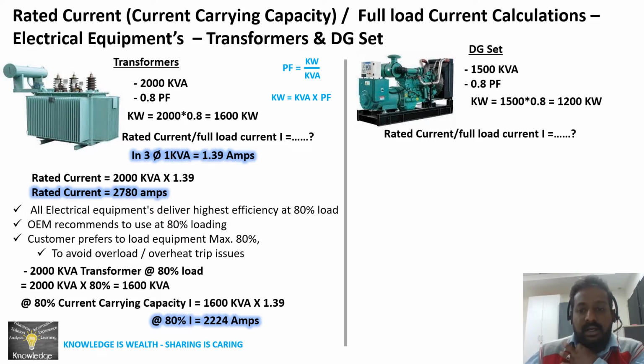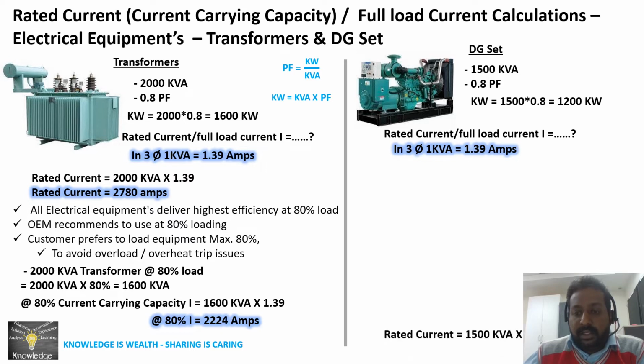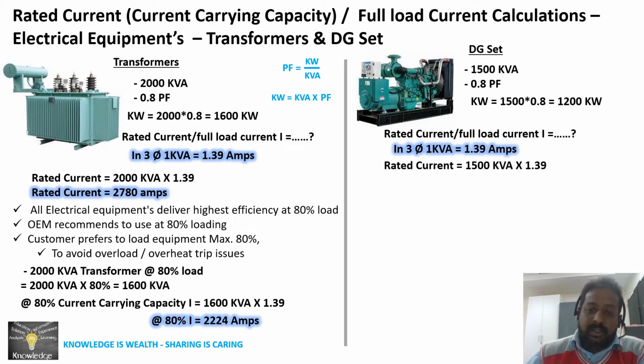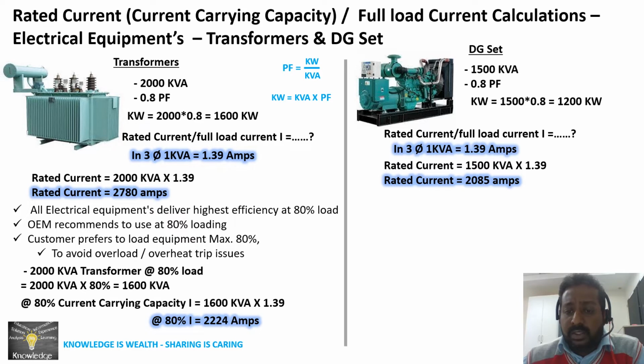Now to calculate rated current or full load current, we simply multiply with 1.39 amperes. So 1500 kVA into 1.39 is 2085 amperes. So the 1500 kVA DG set can be loaded up to 2085 amperes for 100% full load.